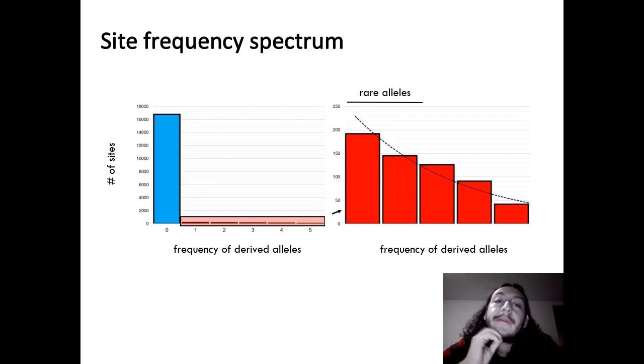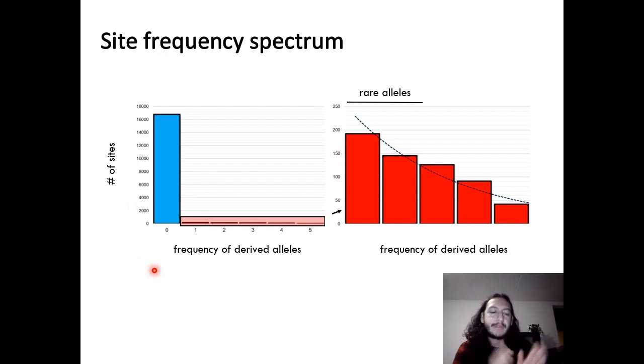And one of the tools that people use to assess what's going on in populations and how these mutations arise and how they should behave in certain populations is the site frequency spectrum. So for example, we have here the number of sites that are going to have different alleles. However, we see that for most sites in the genome, so basically all the base pairs in the genome, we can compare if there are different base pairs or not.